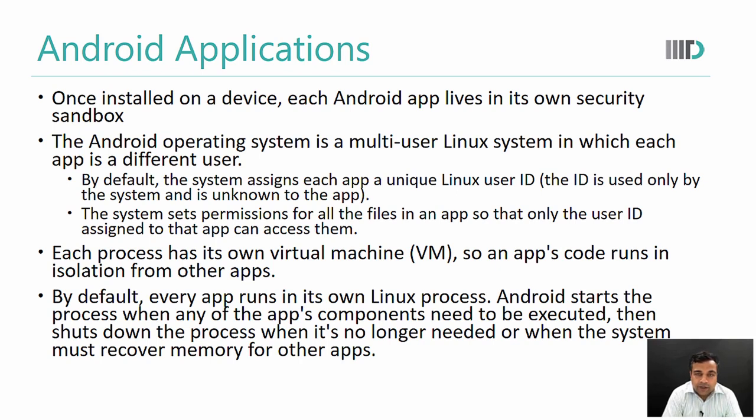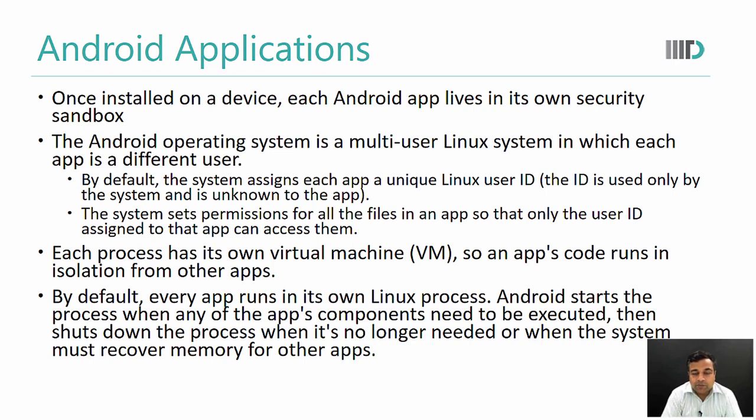The Android operating system itself is a multi-user Linux system, and each app acts as a different user. As you may have seen in a multi-user system, each user is separated from another user, and each user is uniquely identified by the system. Similarly, in Android, each application is identified by a unique Linux user ID, and one application is separated from another application.